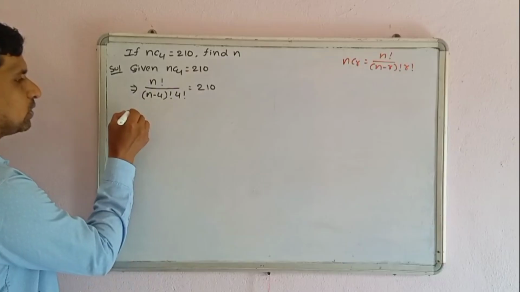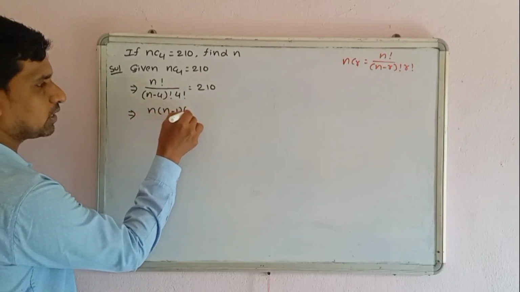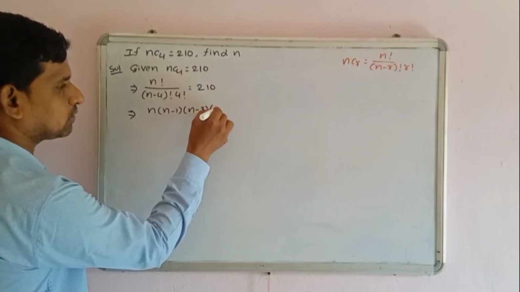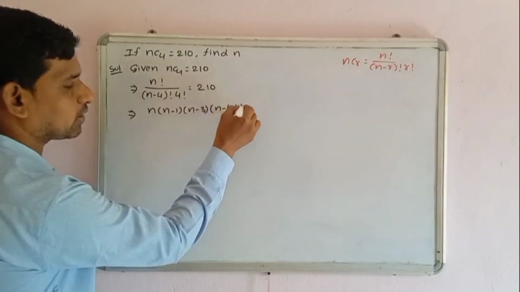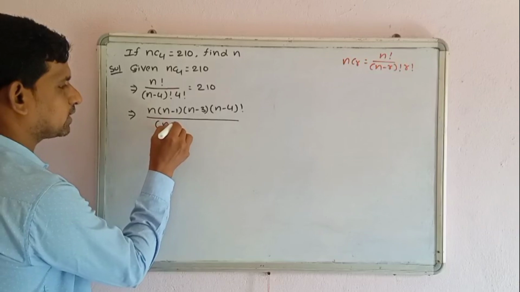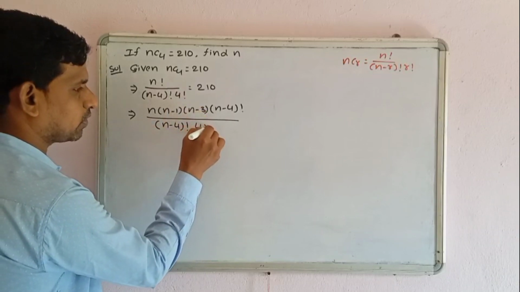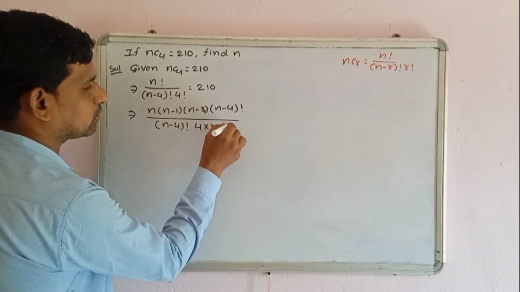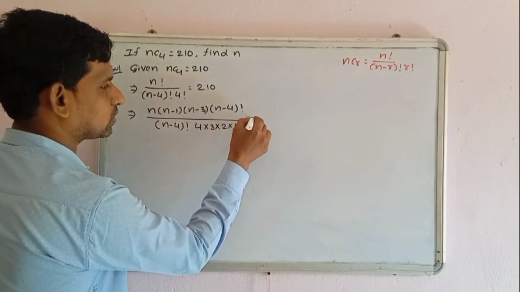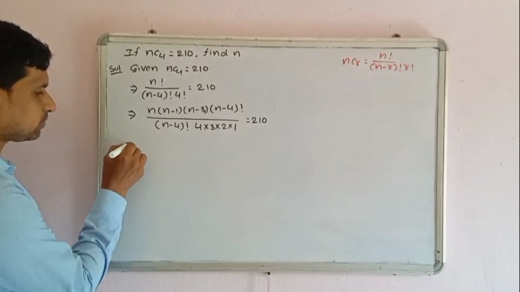So n factorial can be written as n into (n minus 1) into (n minus 2) into (n minus 3) into (n minus 4) factorial, divided by (n minus 4) factorial into 4 factorial, which is 4 into 3 into 2 into 1, equals 210.